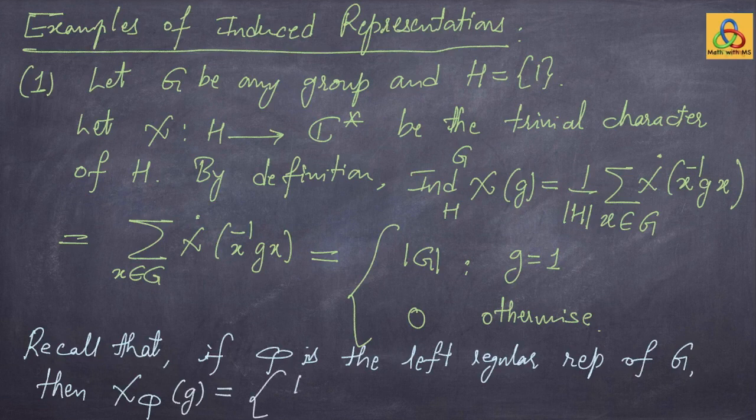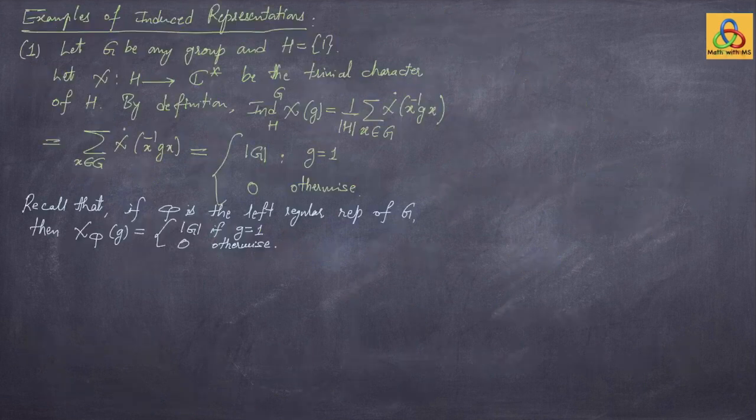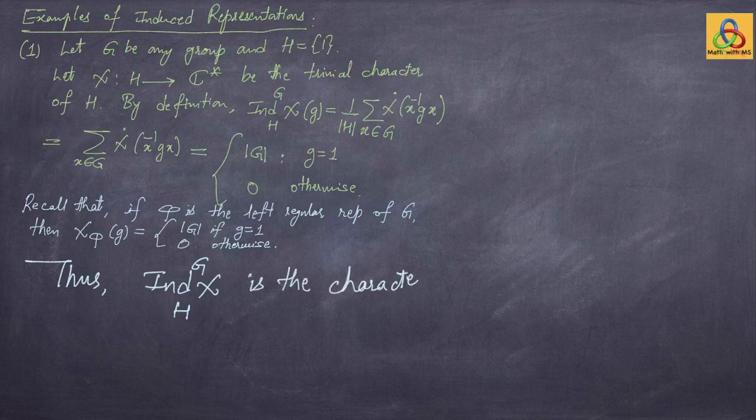This is the order of the group G if the element is trivial and 0 otherwise. Thus induction of chi from the trivial subgroup H to the group G is the character of the regular representation of G.